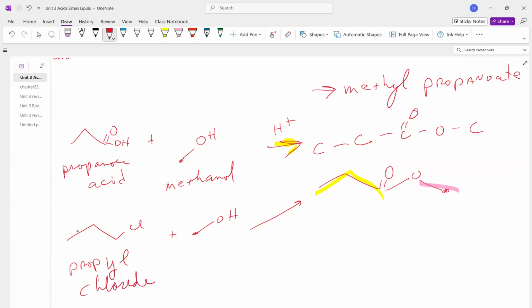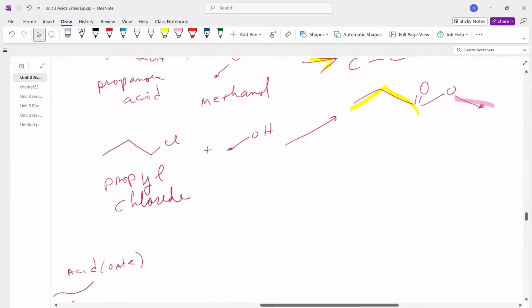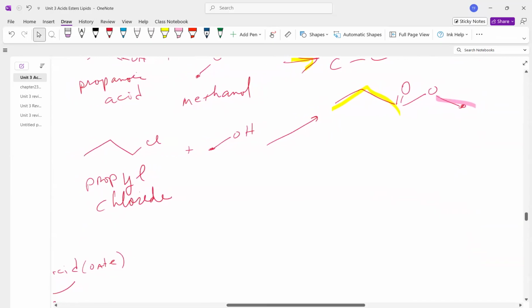So that's the acid chloride. And then we have the same alcohol. That's going to give us methyl propanoate. And the third way is we're going to need the anhydride of propanoic acid. Now the anhydride is two acids coming together, forming the anhydride.